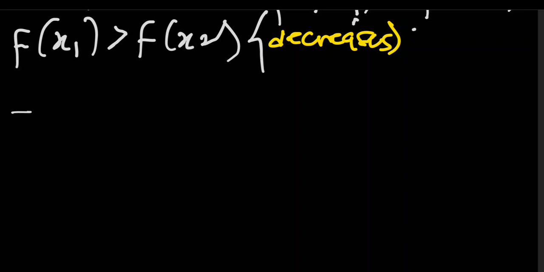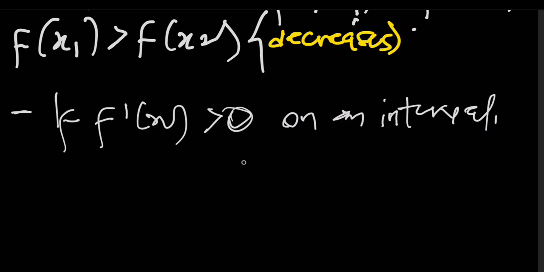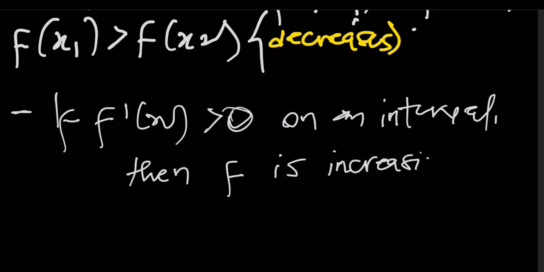For case one, if f prime of x, that is the derivative of f, is greater than 0 on an interval, then we say f is increasing on that interval.